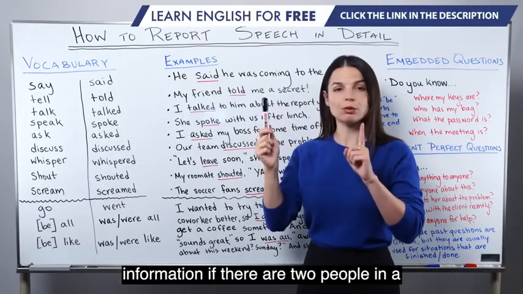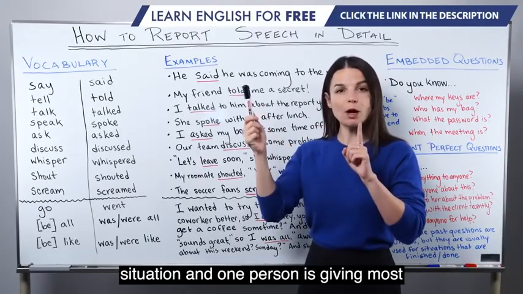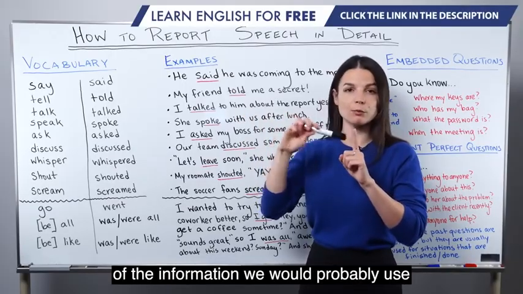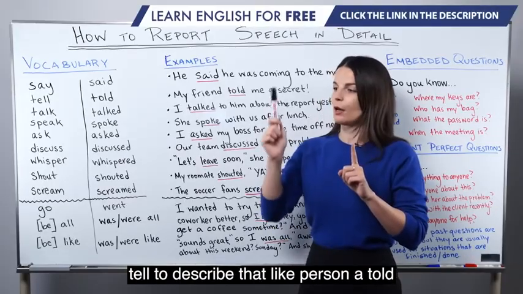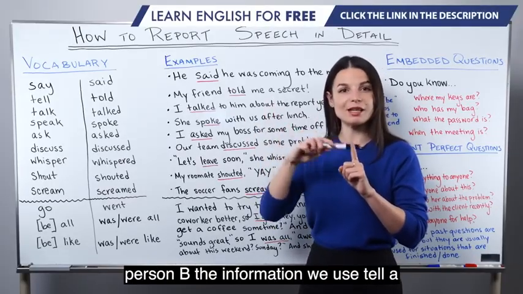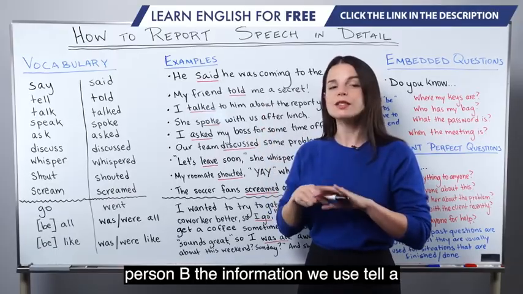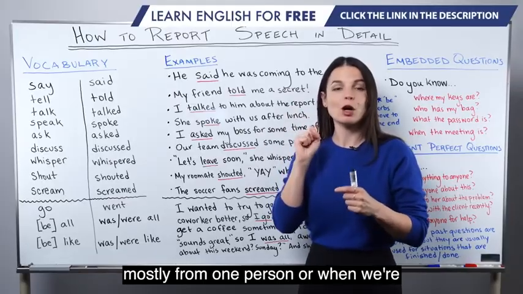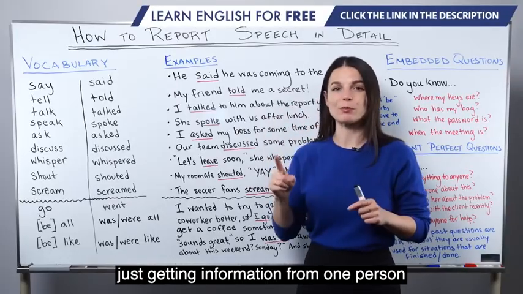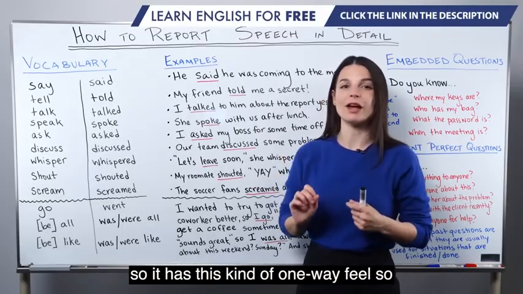If there are two people and one person is giving most of the information, we would probably use tell to describe that, like person A told person B the information. We use tell a lot when we're getting information from one person. So it has this one-way feel.